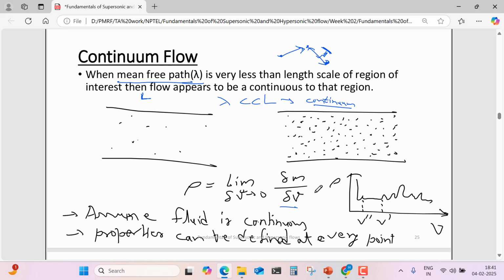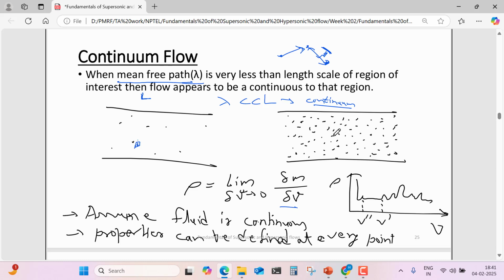It should be as small as possible. So at one point if we wanted to find the density and we took the small volume, then we might get the density as 0 also for this rarefied flow. So we cannot apply the continuum hypothesis here because molecules are very far away from each other, density is very less.